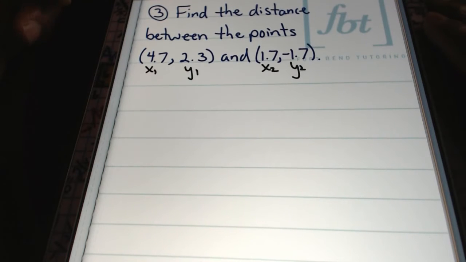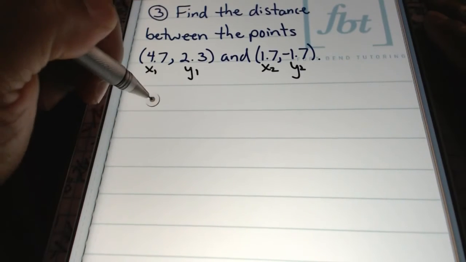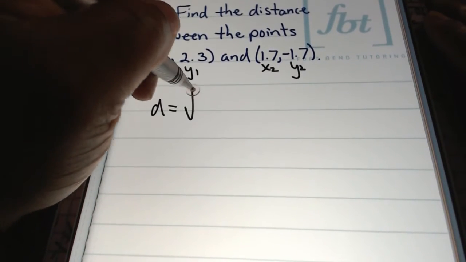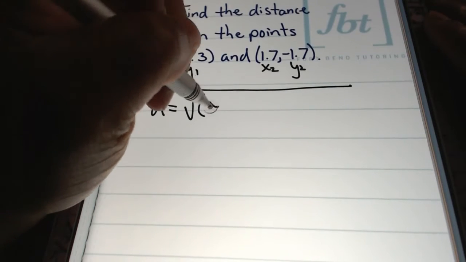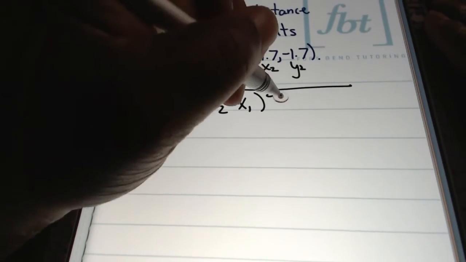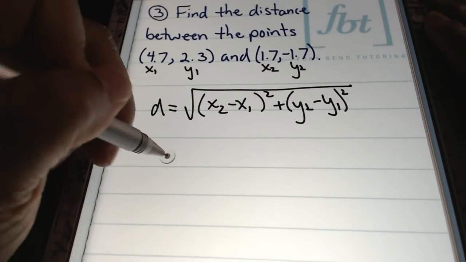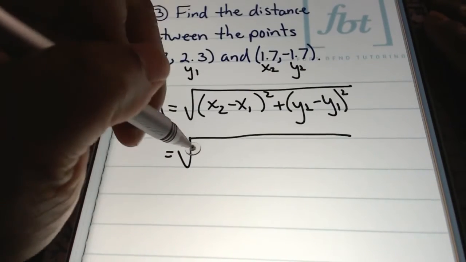Good deal. Now, let's go ahead and check out problem number 3, guys, as we're going to be using the distance formula. So we have the distance formula written as the square root of the difference of x2 minus x1 squared plus y2 minus y1 squared here, like so. We'll go ahead and plug in these values.